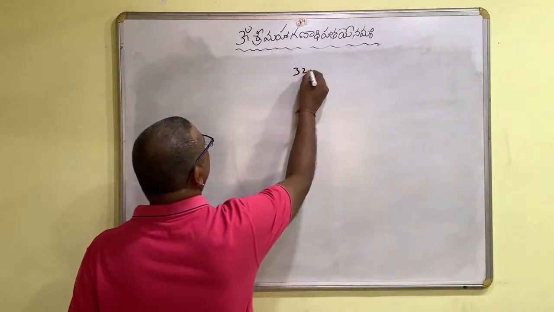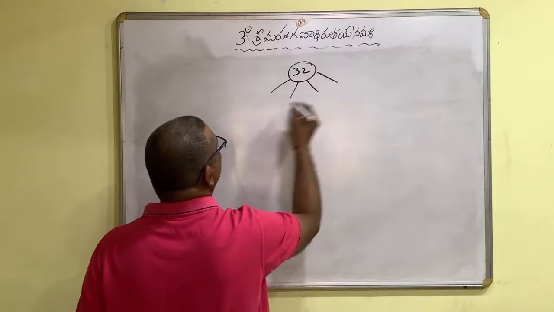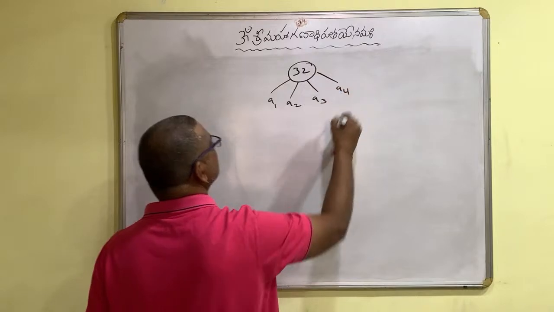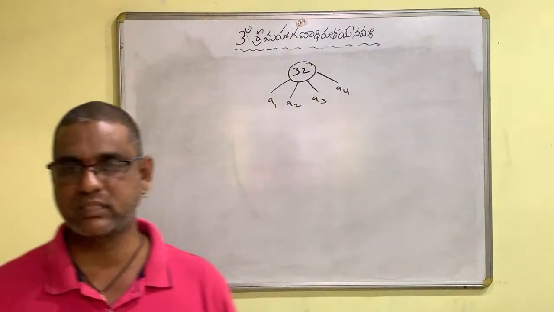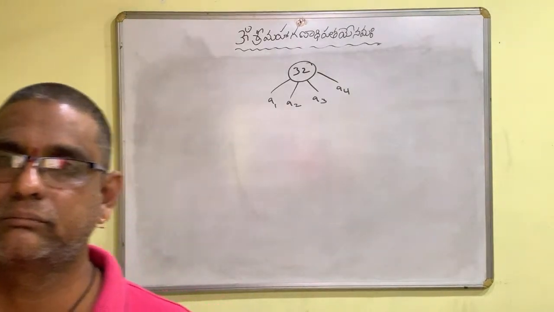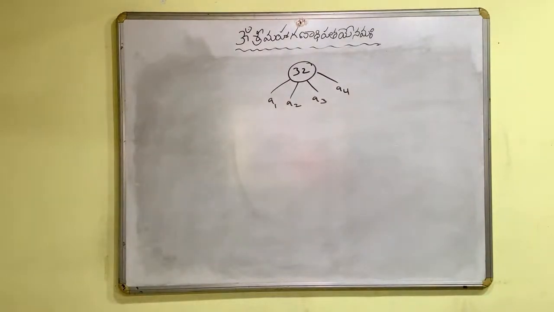We need to divide 32 into 4 parts, that means into 4 numbers which are in AP. Okay.